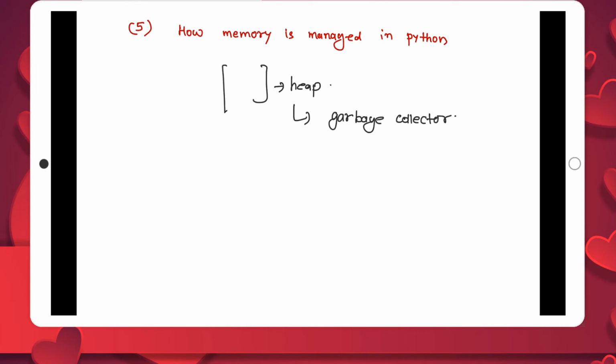It automatically collects all the garbage data, and if it is not being used, then after some time it destroys that data and frees up memory space. All right. Perfect. Now let's go ahead and see question number 6 actually. I'm going to say, what are the Python modules?